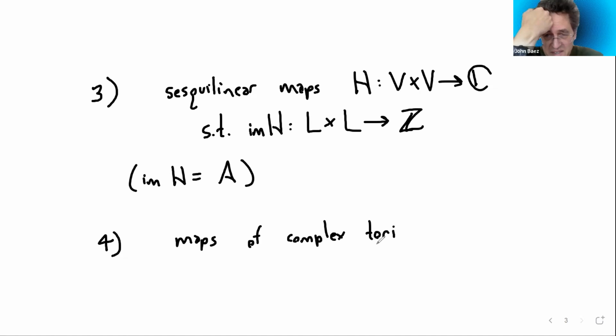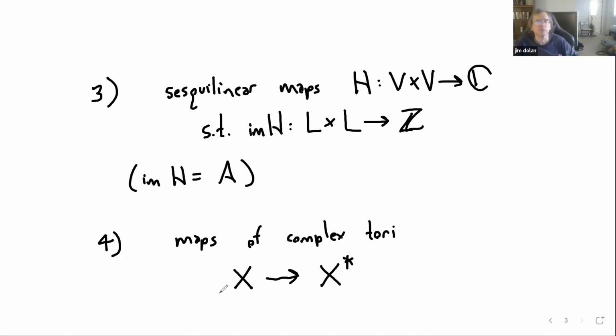Oh, okay. So maps of complex tori from our complex torus X to this thing, which I will need to discuss, called the dual torus, X dual.